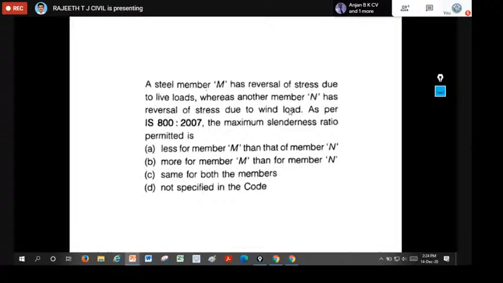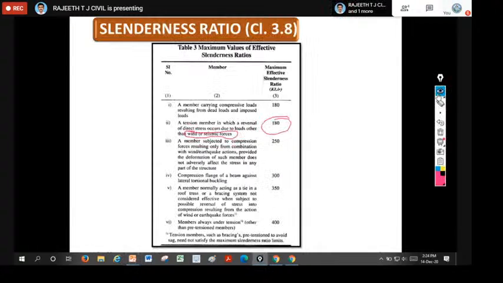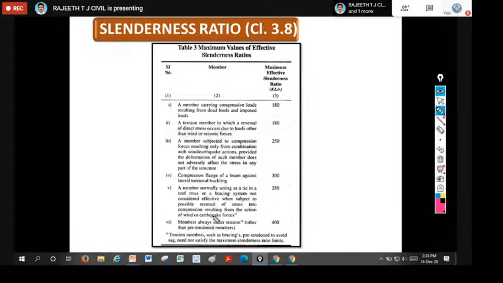If you go for N, due to wind load, here you see it is resulting from wind and earthquake forces. The reversal of stress value is 350. That is, for member N the restricted lambda is 350, whereas for M the restricted value is 180. That is, the value given in the code for M is less than for N.